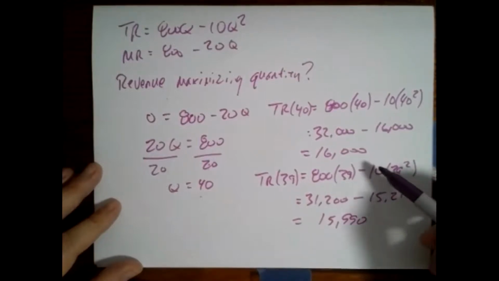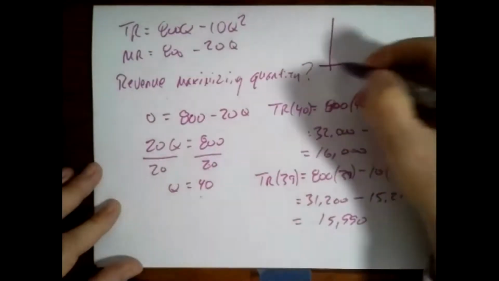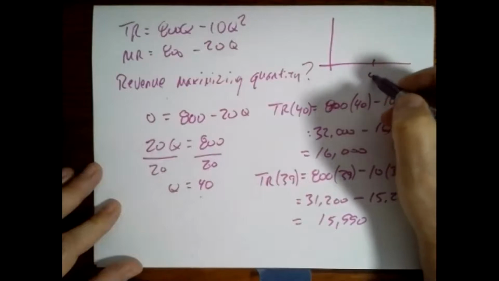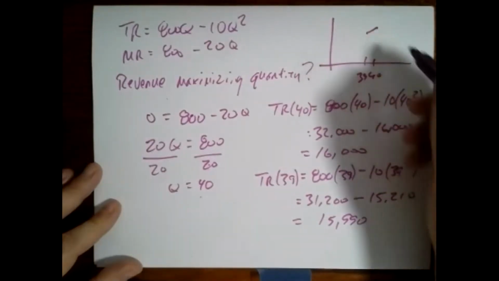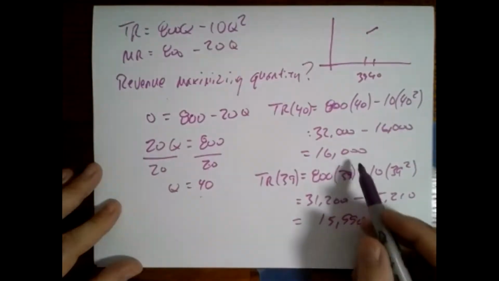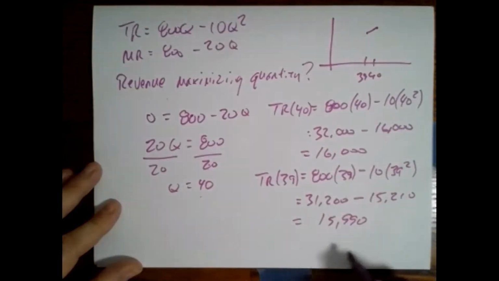So if we back off and go from 40 to 39, then we are going down by 10 at that point.